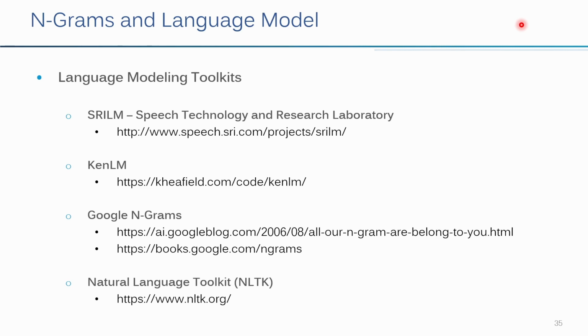Yeah, some language model toolkits, and keep in mind that's all prior to neural language modeling, right? This one here, I think, is not available anymore. Okay, I'll revisit this. In any case, you can use the Speech Technology and Research Laboratory, which has a nice language model toolkit.